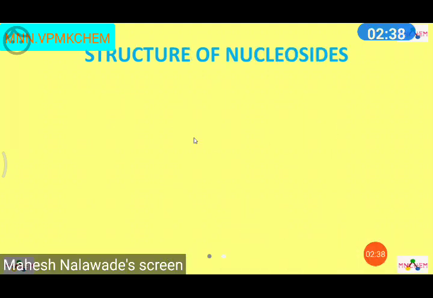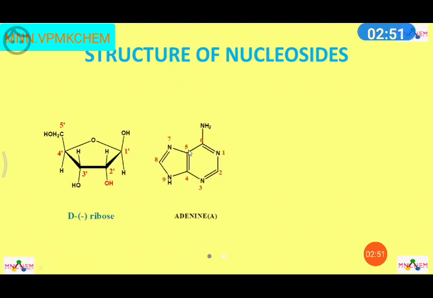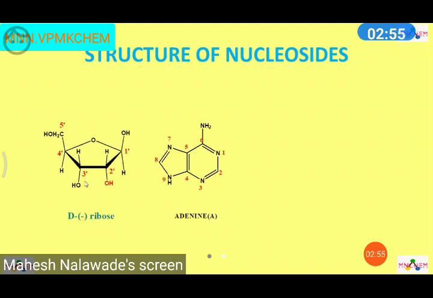Now talking about the structure of a nucleoside, just take an example: the D-ribose sugar and adenine. We have discussed that the sugar attaches to nitrogen at the 9 position in the purine bases.